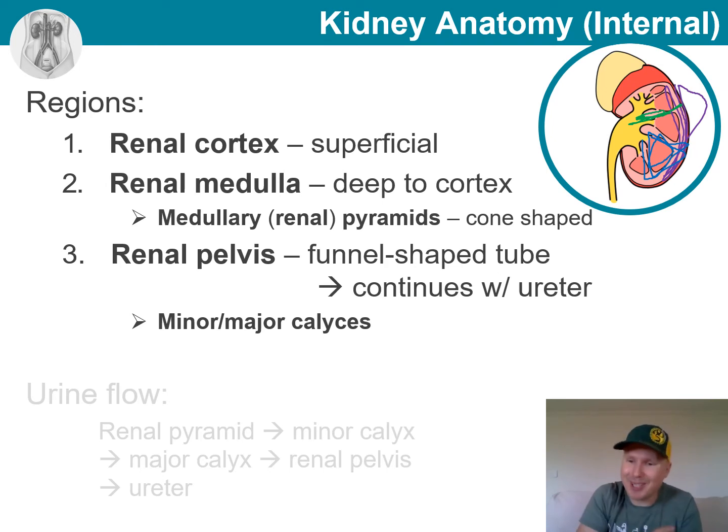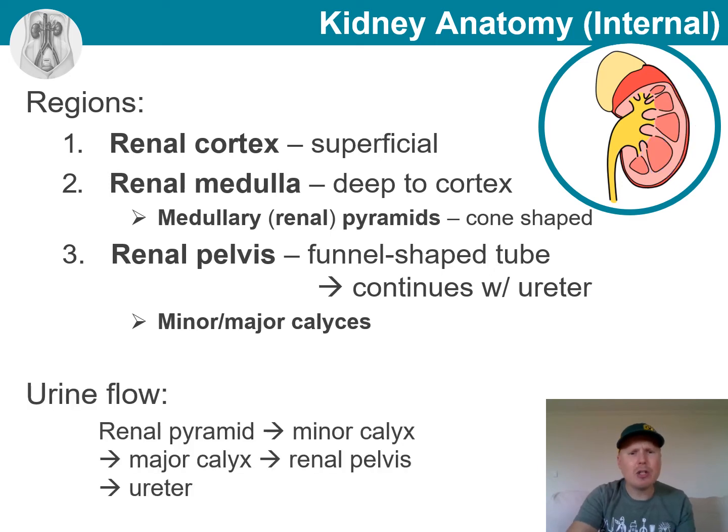And then one more term that we need to know. Lobe refers to the medullary pyramid and its surrounding cortical tissue. So if we try to put these structures together from this and our earlier slides, there is a nice list of the flow of urine for you too.